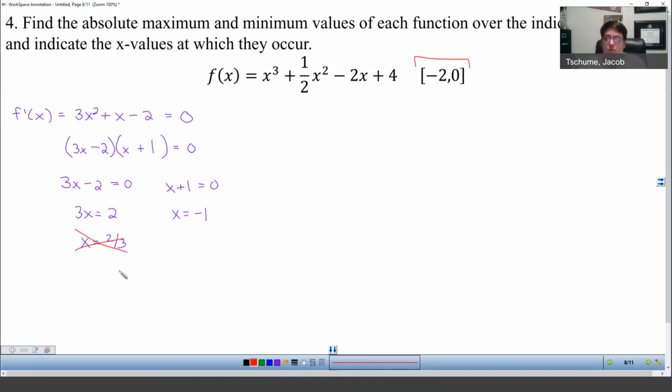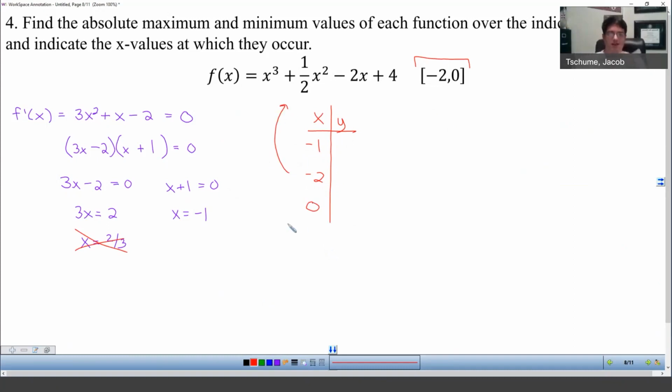So actually, we get to exclude the 2/3 because it doesn't work for this problem. -1 does fall in that interval, so we can keep that one. So when I make my t-chart here, the only critical value that I'm going to include is -1, and then I'm also going to include the two endpoints, which are -2 and 0.